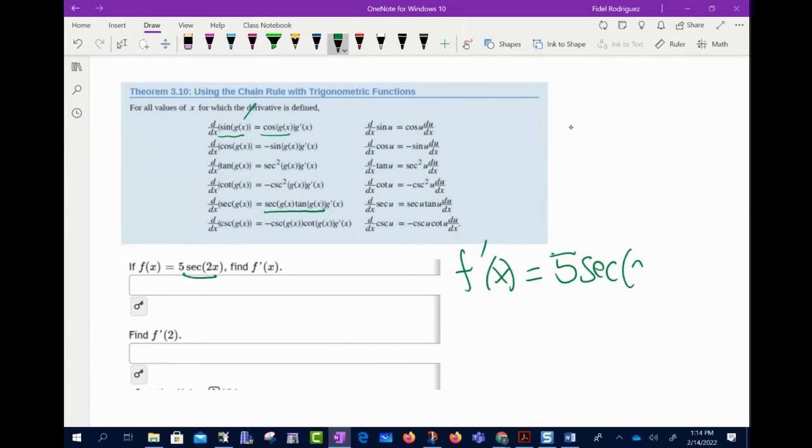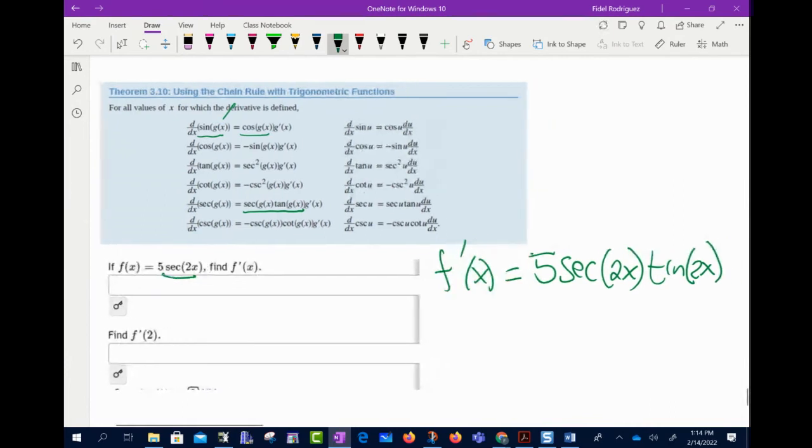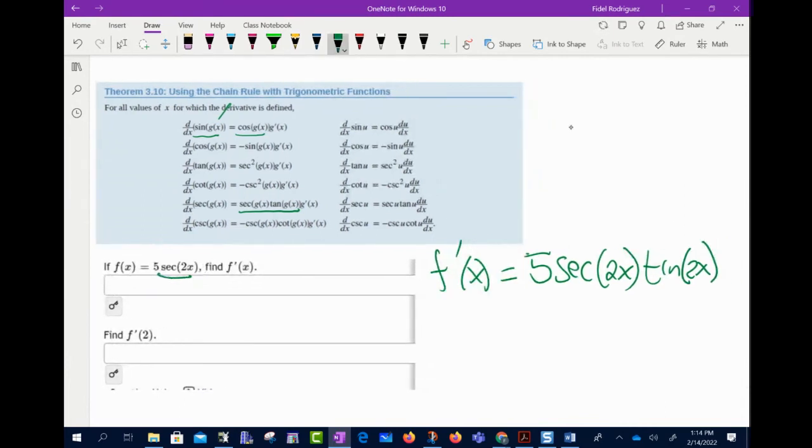So it's going to be secant of whatever we're taking the angle of, 2x, tangent of whatever our angle is, 2x, and then I want to show you something right here, y'all. Look at the one that I underlined. Do you see how it has g prime of x? The g prime is the angle on the inside. So what's the derivative of 2x? 2, okay?